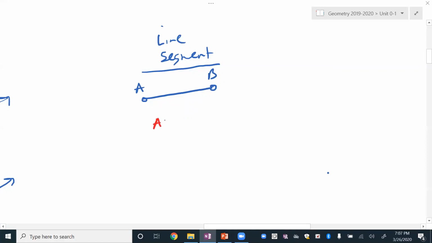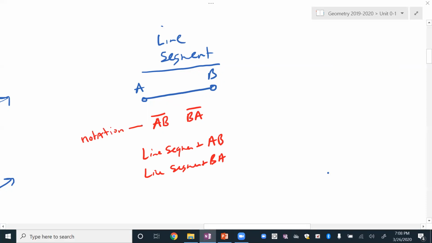So this would be line segment AB, except you have a little bar on top. Line segment AB or BA, and that's where it stops. But the proper notation is right here.